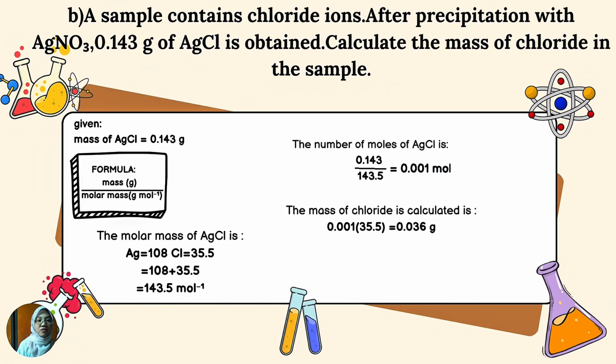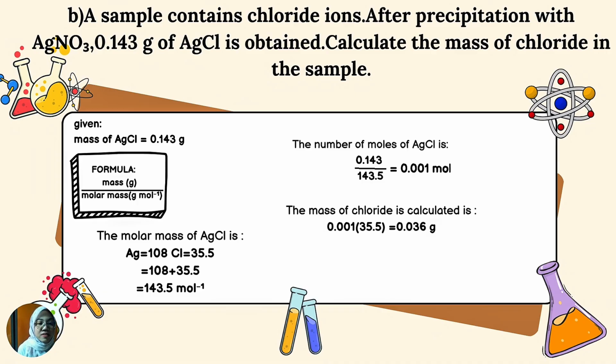Okay, for the next part, a sample contains chloride ion. After precipitation with AgNO3, 0.143 g of AgCl is obtained. Calculate the mass of chloride in the sample.